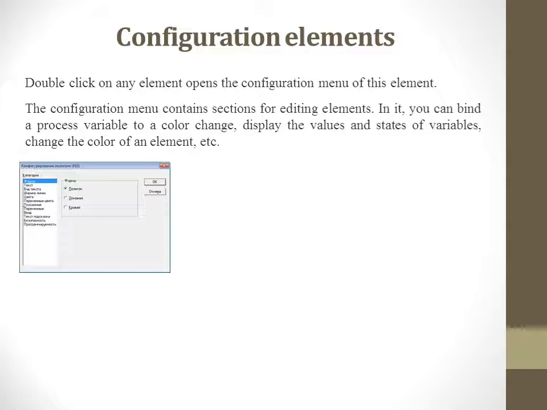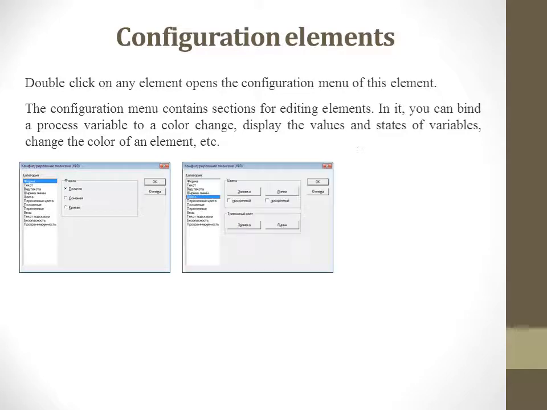We can open this menu by double-clicking on any element. In this menu, we can see some sections. In any section, we can change the features of our element. So, in the first section, in this picture, we can change the form of our element.